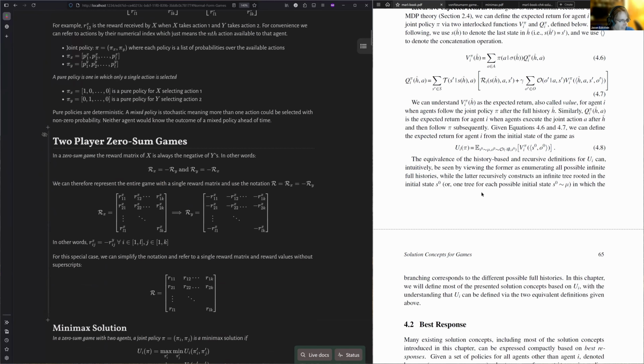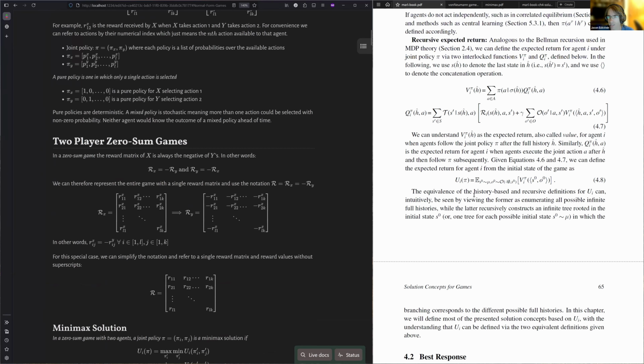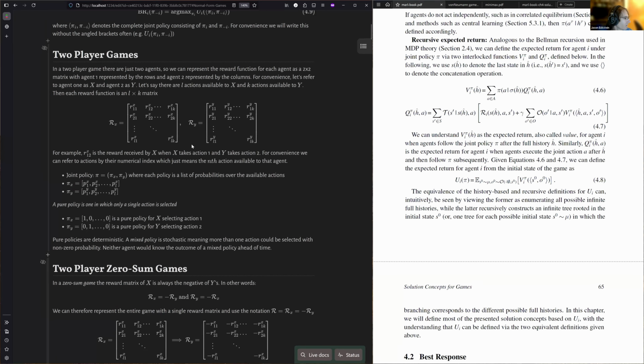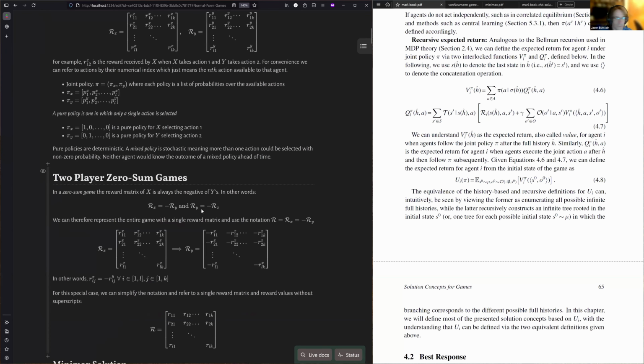Okay, so now we're going to make it even simpler by talking about 2-player zero-sum games. Now, a zero-sum game is just a game where the reward matrix of x is always the negative of y's reward matrix. In other words, r sub x is just negative r sub y. Now that means we don't have to write down both anymore.